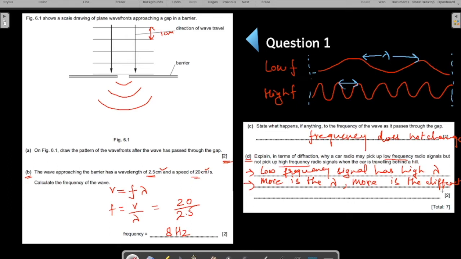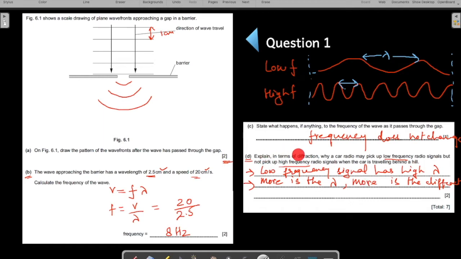So more is the diffraction means more is the scattering. Therefore, there is a high likelihood that the radio antennas will catch the low frequency signal. Why? Because low frequency signals are scattered more all around in the environment around us. Therefore, there is a high likelihood, high chances that these signals will be picked up by the radio.